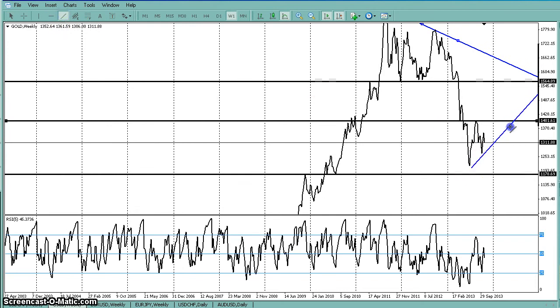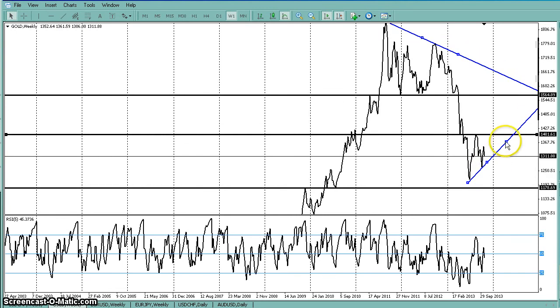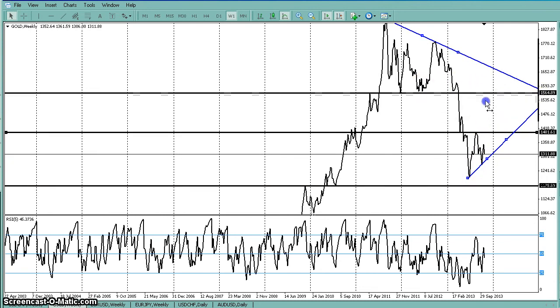Of course, you bought here because you've got the argument of this trend line holding. So this is going to walk all the way up to the point at which the bottom dropped out at 1500 and change. Yeah, you could just say 1500.